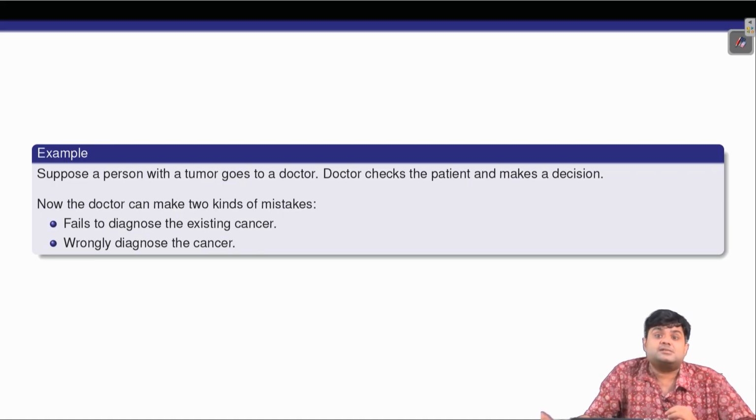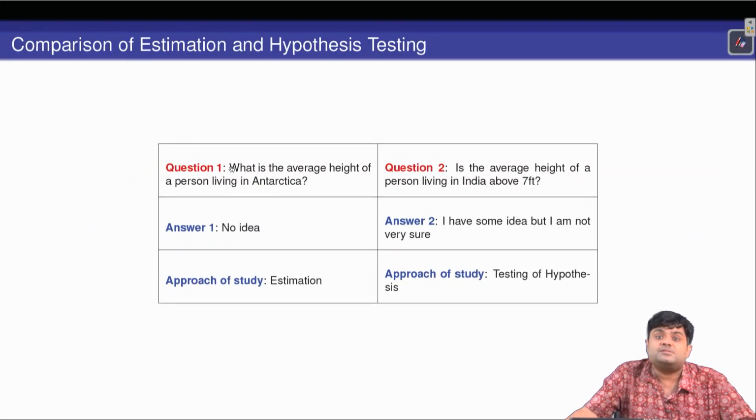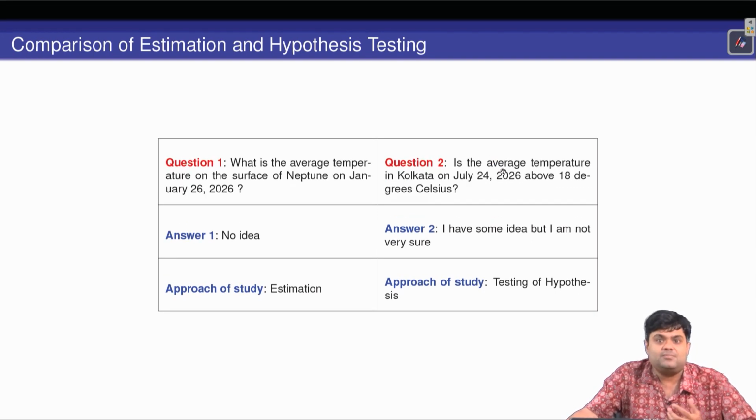So the starting point here becomes the conclusion whose rejection should not be done in haste, namely the conclusion that the average height of an Indian is less than 7 feet should not be dumped in haste, because that's the conventional wisdom.